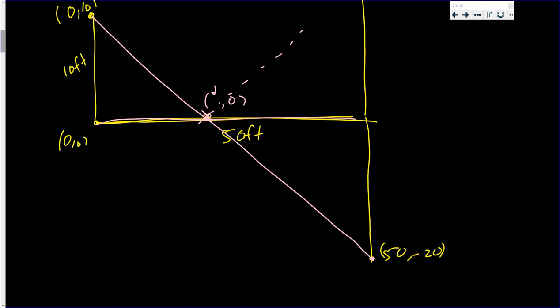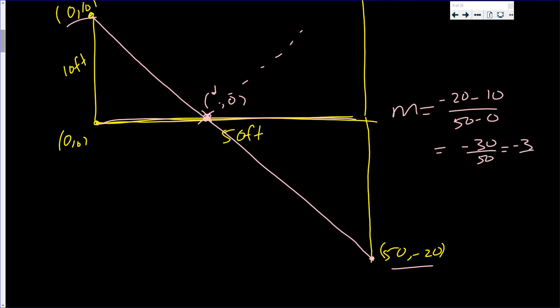Okay, so we want to find the equation of this line. Well, we know 2 points. Let's find the slope. I subtract the y values. I subtract the x values. I get -30 over 50, which is -3/5.